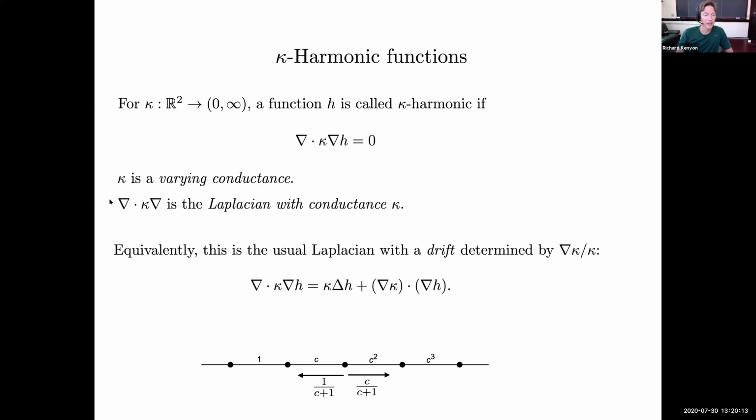This operator, divergence of Kappa times gradient, let's call that the Laplacian with conductance Kappa. All right, so in particular, if Kappa is constant, it's just the usual Laplacian. But we're interested in Kappa having some variation.